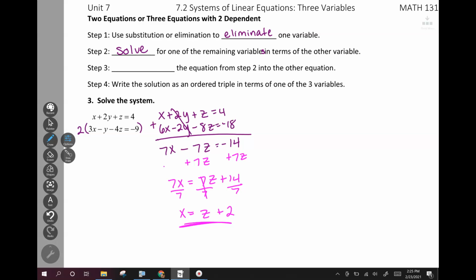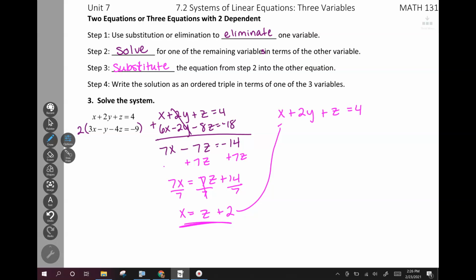Step 3. Substitute the equation from step 2 into the other equation. So I'm going to substitute this x equals z plus 2 into either one of those original equations. So I'm just going to substitute that into the first equation. So I'm going to have x plus 2y plus z equals 4.